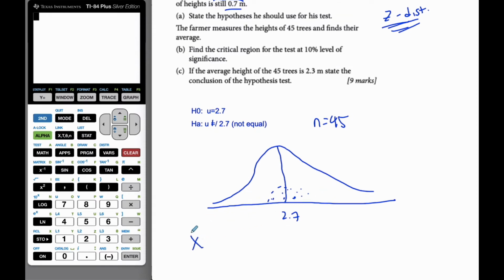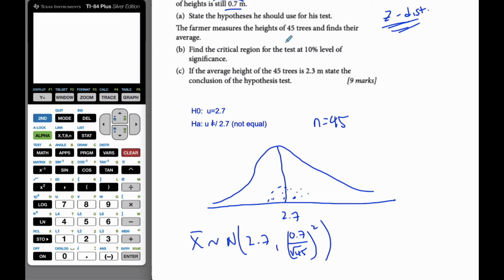So this x bar is a normal curve of all different x averages, where the mean will still be the same, 2.7, but the standard deviation is going to be 0.7 over the square root of 45, and I have to write it as the variance.